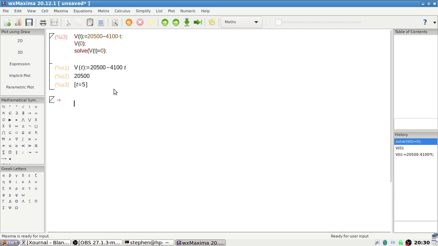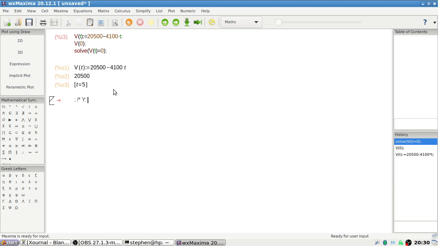So the meaning is the y-intercept, that means it's the initial value of the equipment. And then the x-intercept, that's t equals 5, means the equipment is worthless after 5 years.